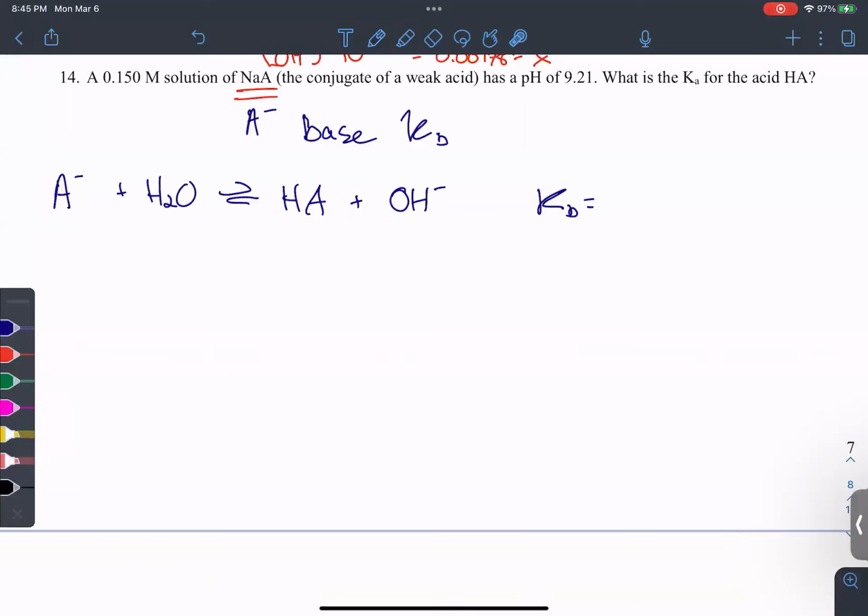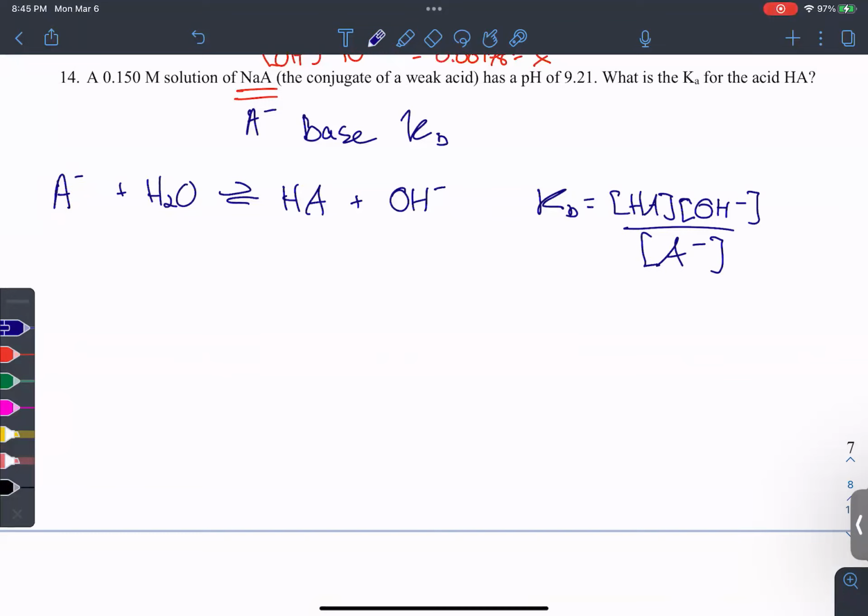You still build the Kb expression exactly the same: Kb is HA times hydroxide over A minus. Do I include water in Kb? No.